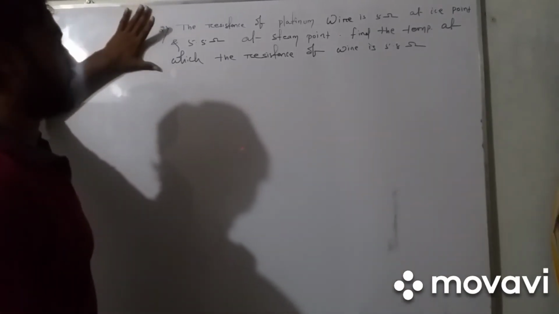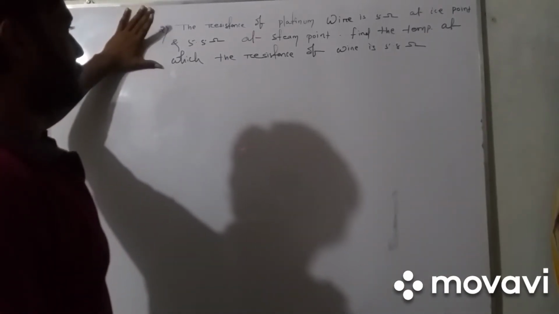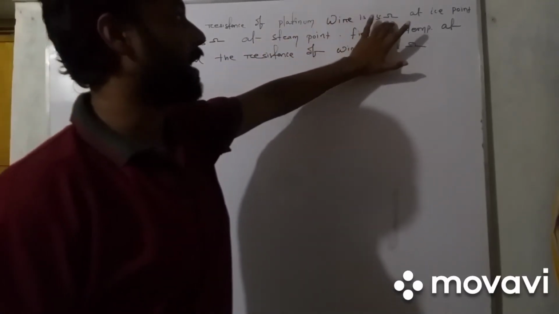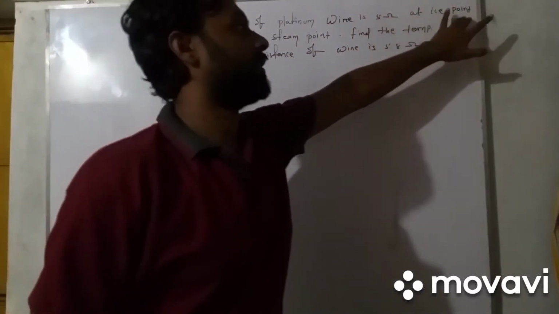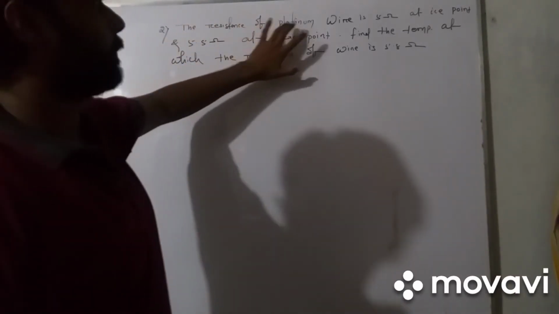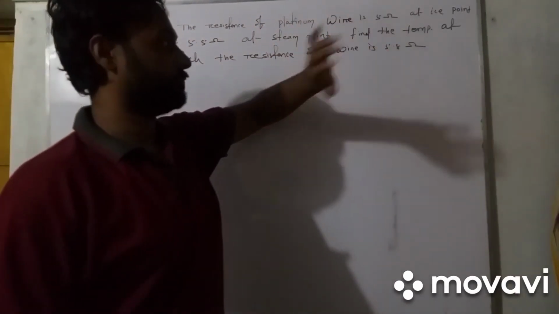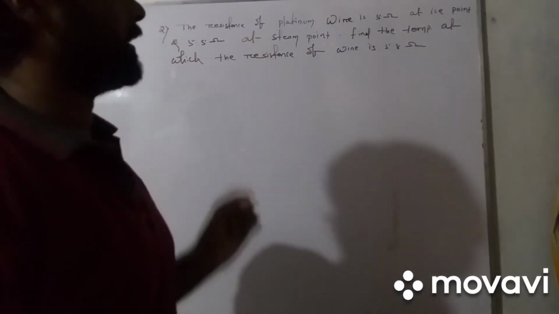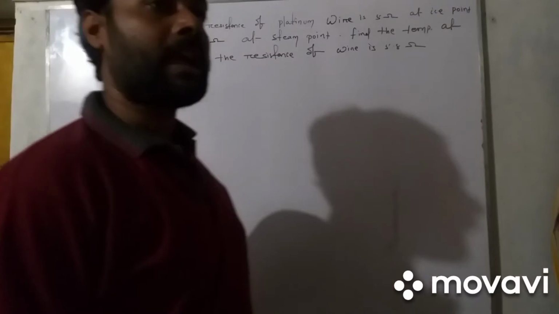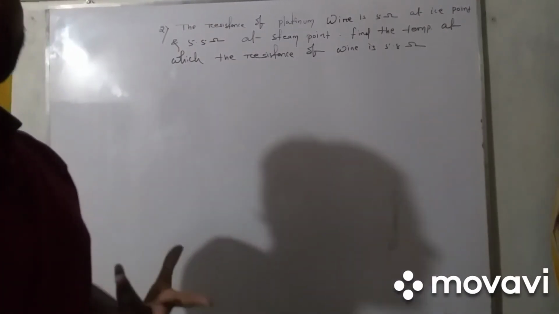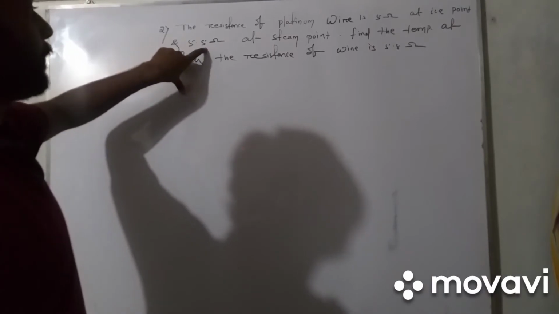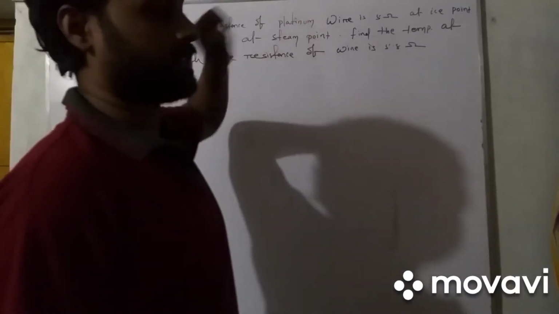So this is my second question. The resistance of a platinum wire is 5 ohm at ice point. Ice point means the temperature is 0 degree Celsius. And 5.5 ohm at steam point.